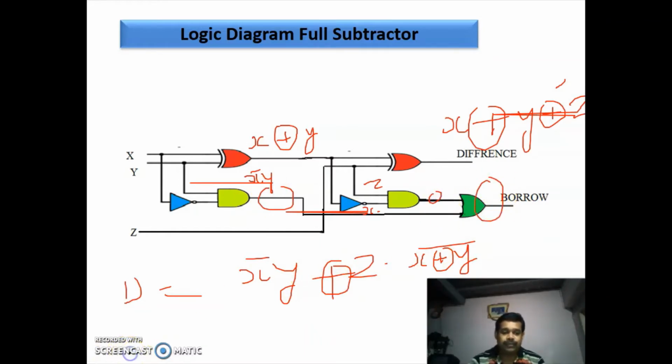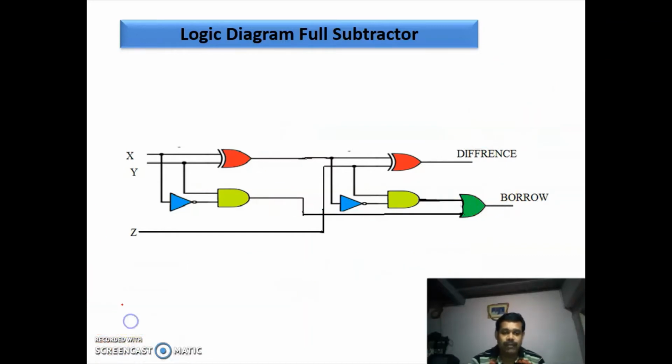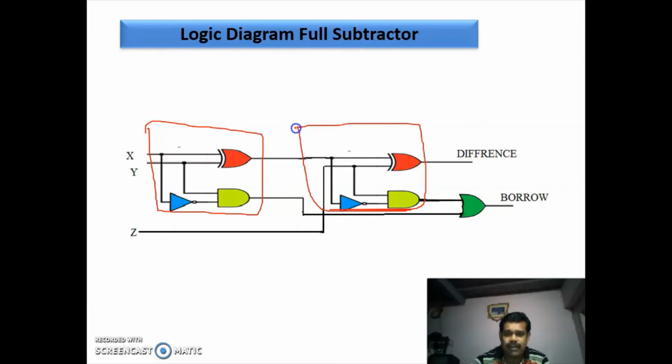So we have implemented the full subtractor using half subtractors. This is a half subtractor and this is another half subtractor. What we have done is we have connected the output of the XOR gate of the first half subtractor to the input of the second half subtractor.